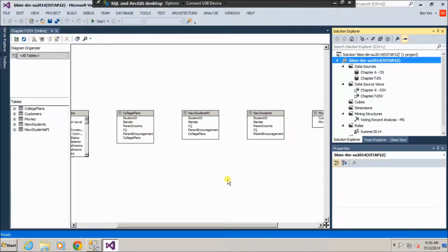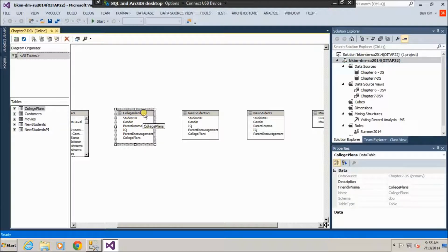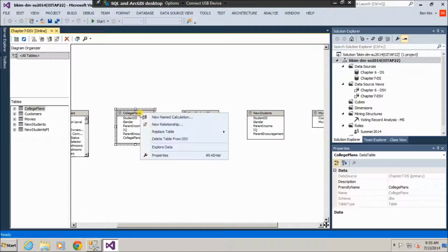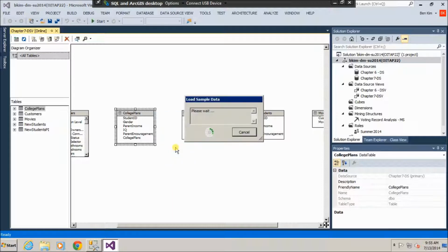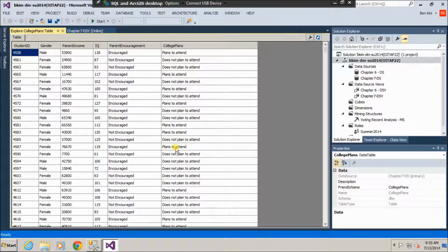Alright, so we now have all the data available to us for data mining. Let's look at the data. We are going to use College Plans, so let's take a look. Go there, right mouse button, and then explore data. Can you see that? Explore data. Wonderful.